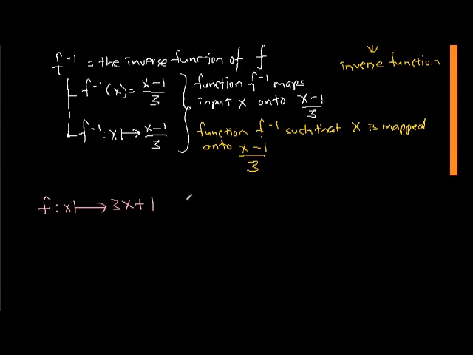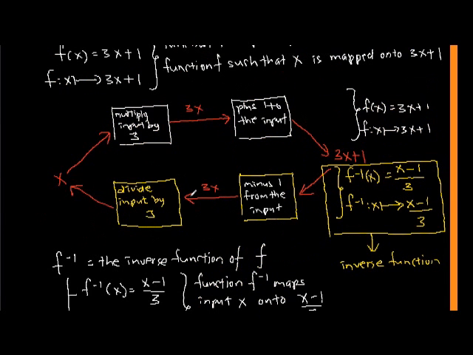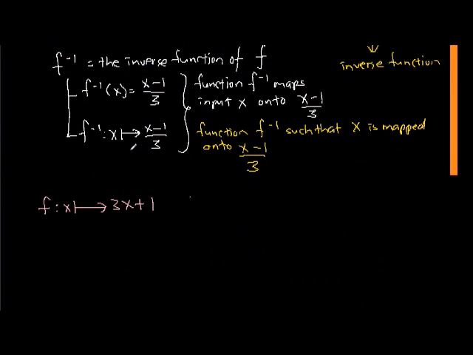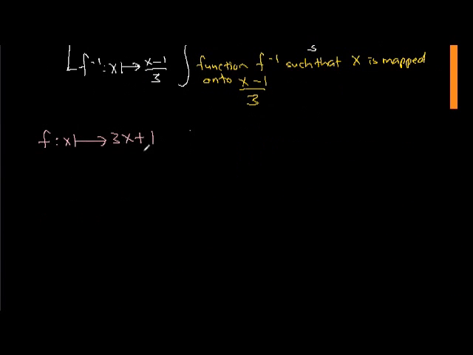Now, let us examine the above functions by using a different approach or different lens. f such that x is mapped onto 3x plus 1. This can also be written as f(x) equals 3x plus 1.